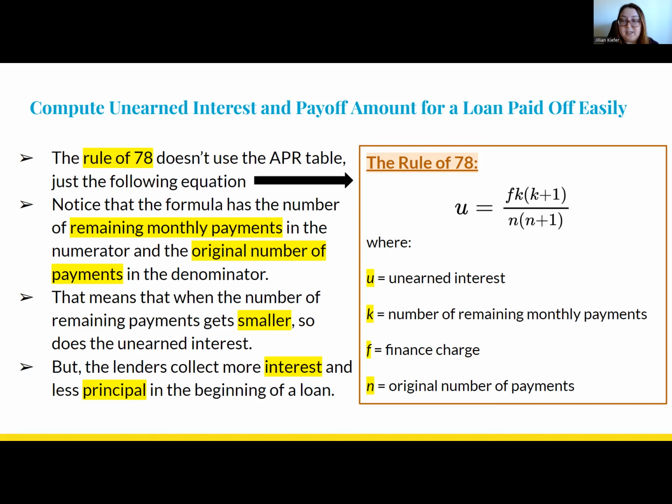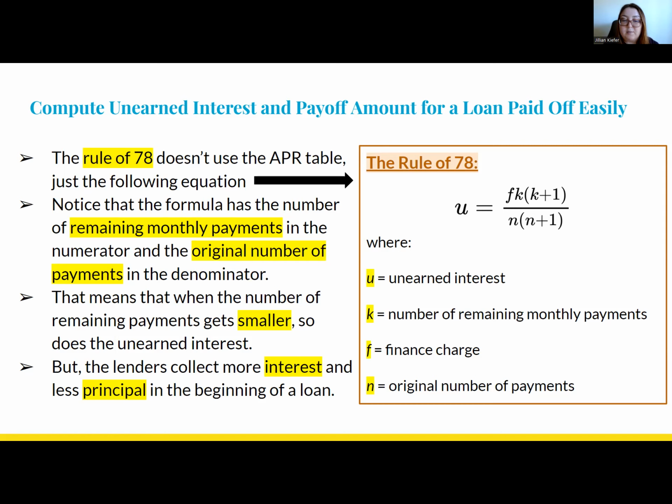We have our formula here: U, unearned interest, is equal to F, the finance charge, times K, the number of remaining monthly payments, times K plus 1, divided by N, the original number of payments, times N plus 1. So that means that when the number of remaining payments gets smaller, so does the unearned interest.